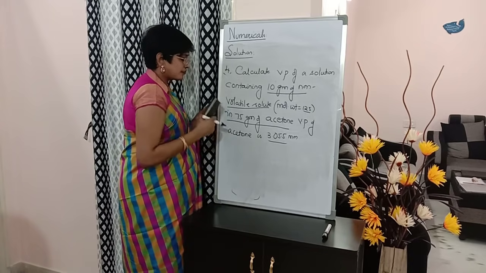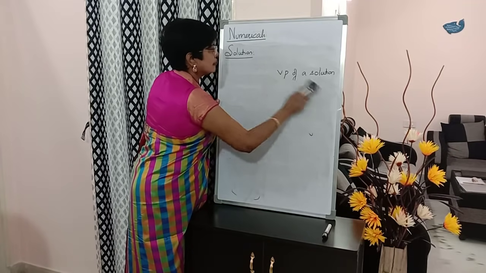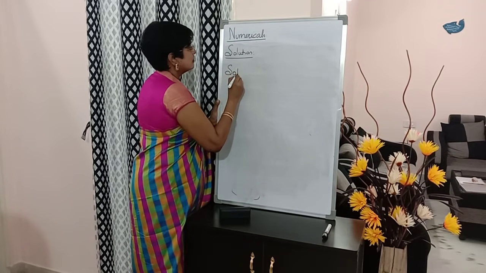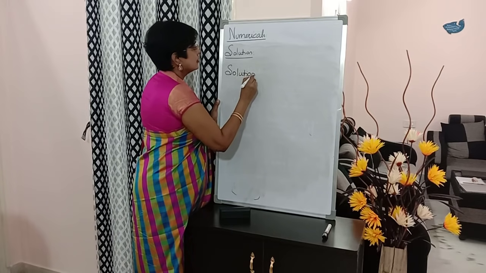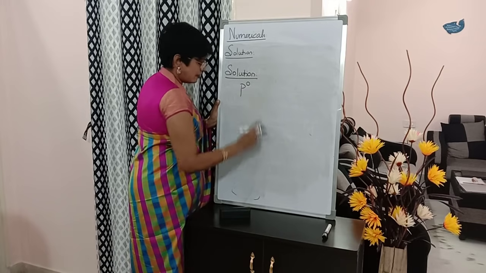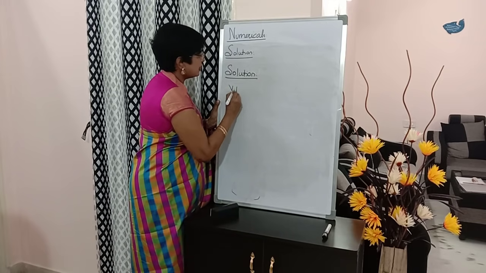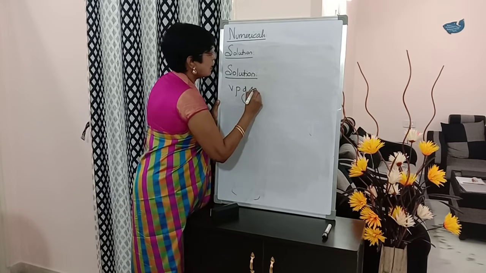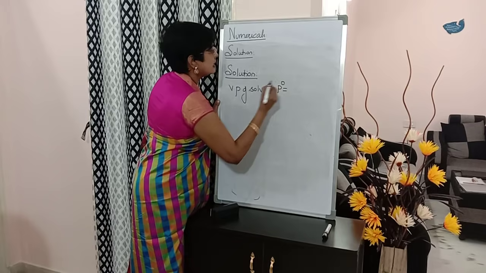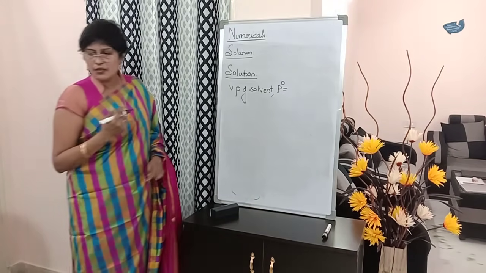So write down. Put the side heading Solution, students. So, vapor pressure of solvent, P0, is given how much, students? 3.055.